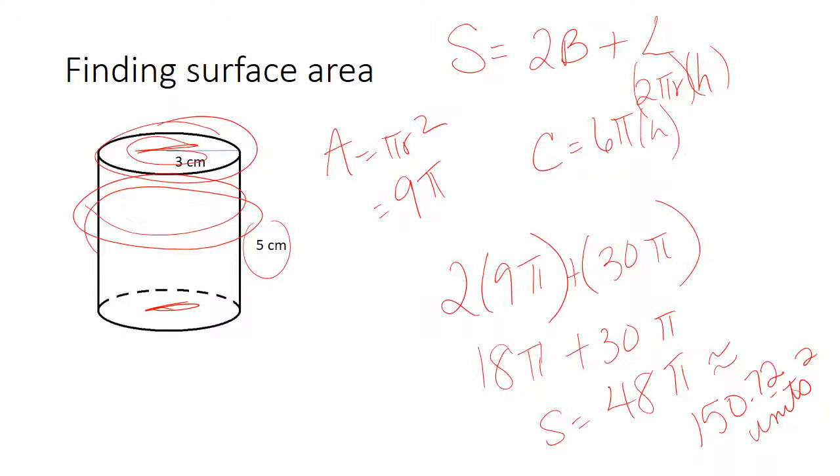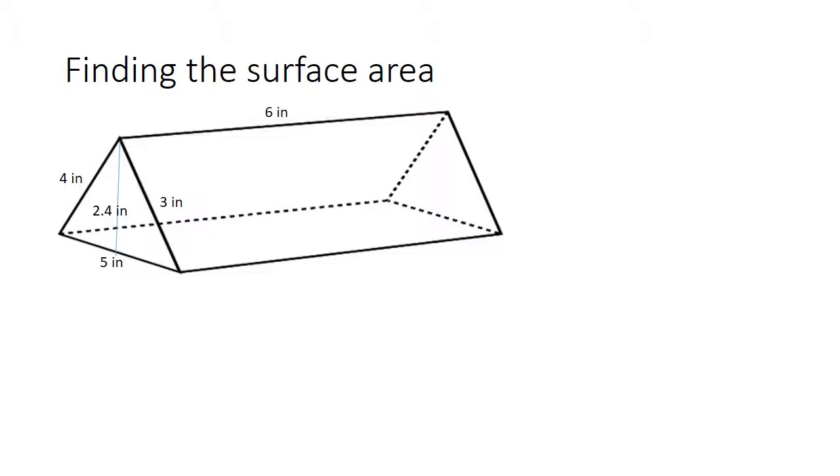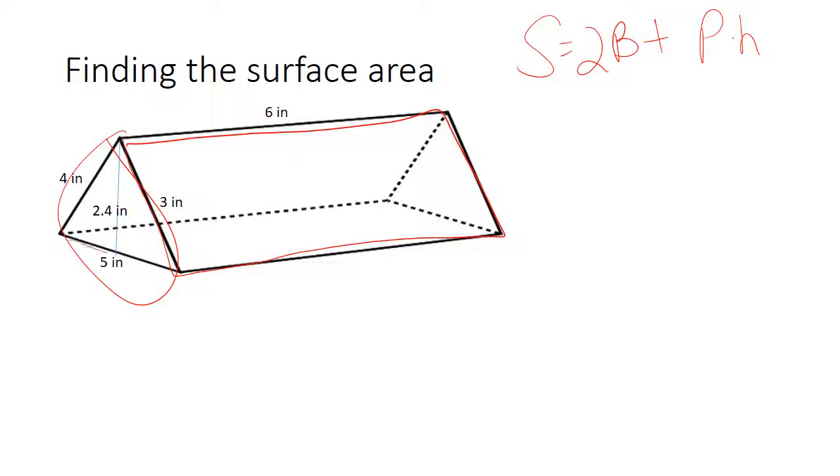Now let's find the surface area of our prism here. You can see that the base is a triangle. So we are going to do our two bases, plus we'll find our perimeter, and then we'll multiply that by our h. All right, so for our two bases, we need our base and our height for our triangle.